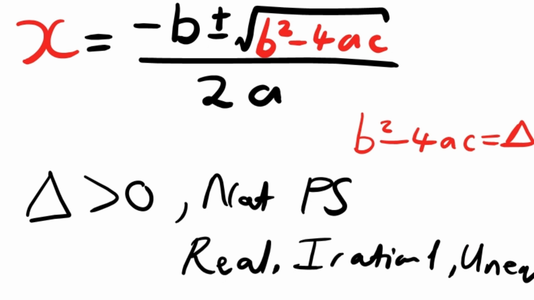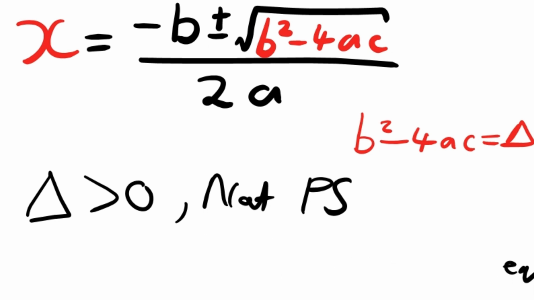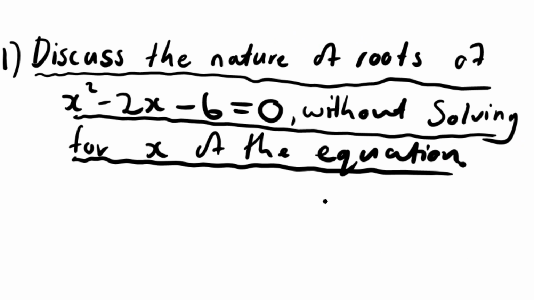Now let's look at some questions so that we can get a clear picture of what we are dealing with here. The first one says, discuss the nature of roots of x squared minus 2x minus 6 equals 0, without solving for x.